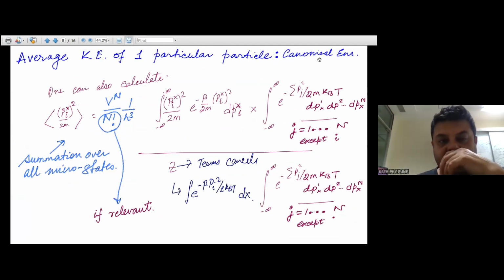this is actually the correct calculation of the equipartition theorem.